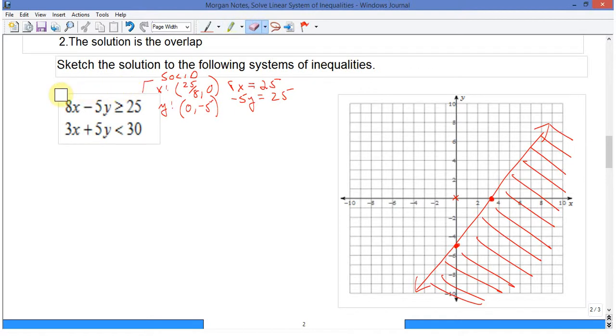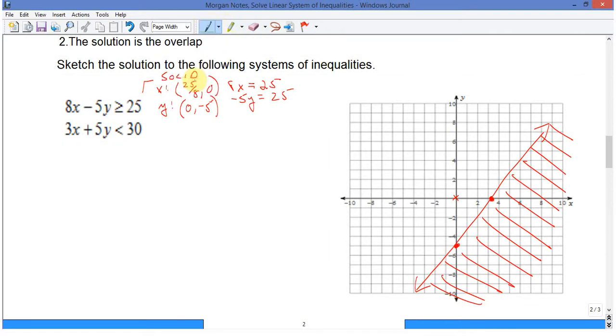Let's go to plot the next line. Let's use a different color, maybe green. So actually, let's change that to blue. So for the next equation, once again I'm going to use the intercepts. It's going to be dashed.